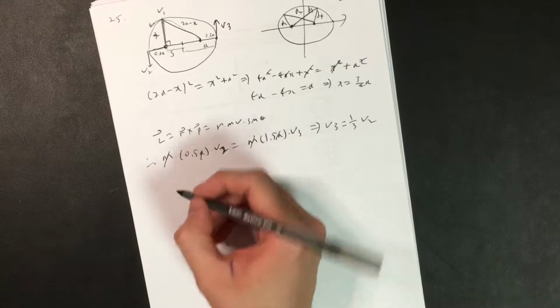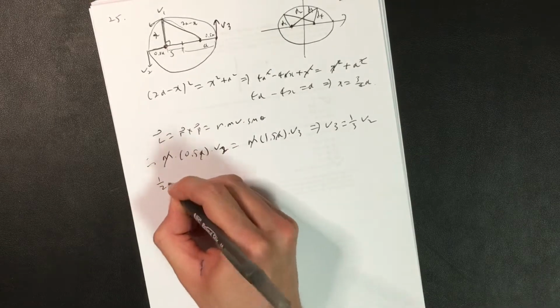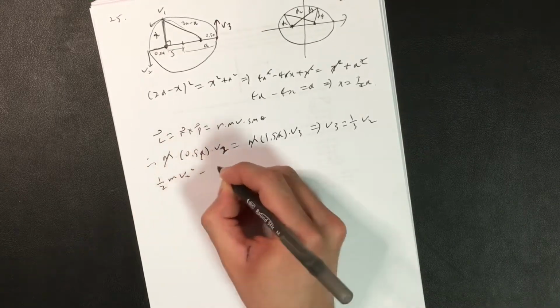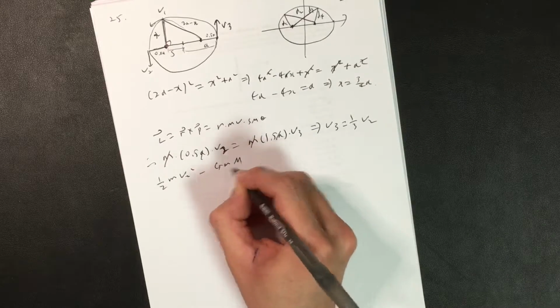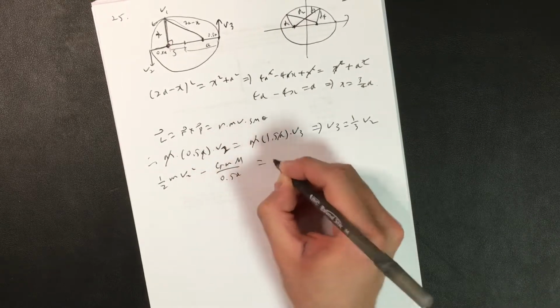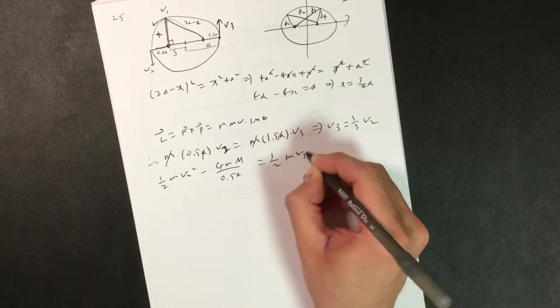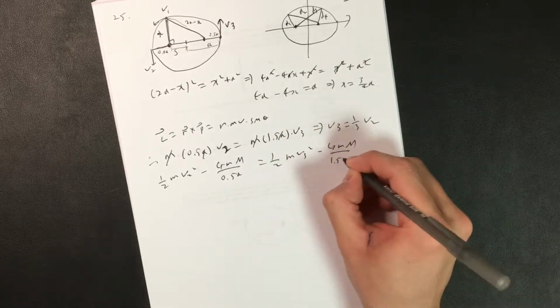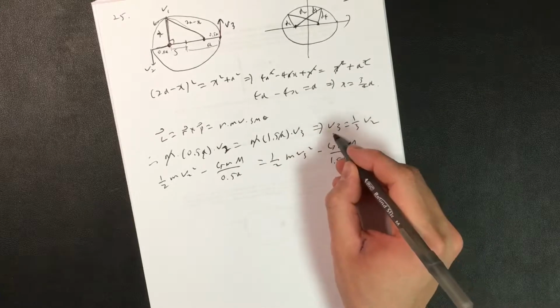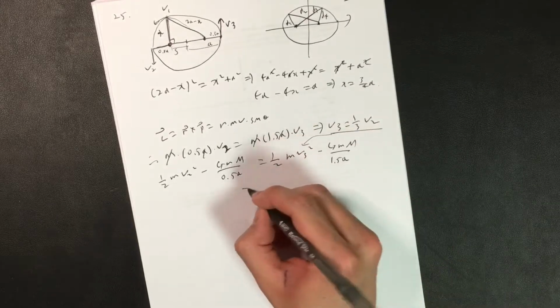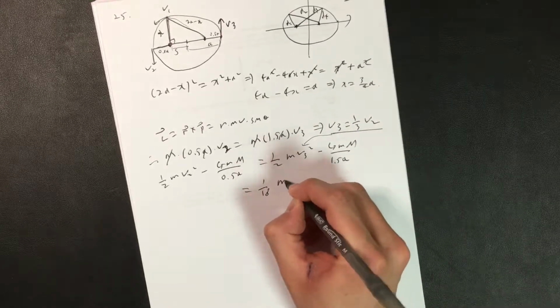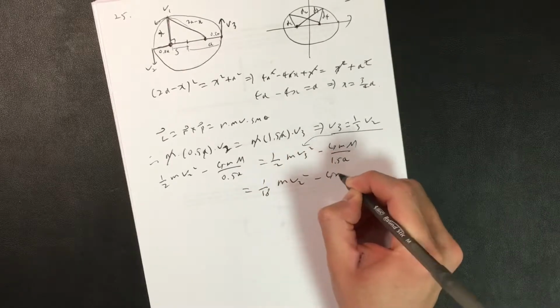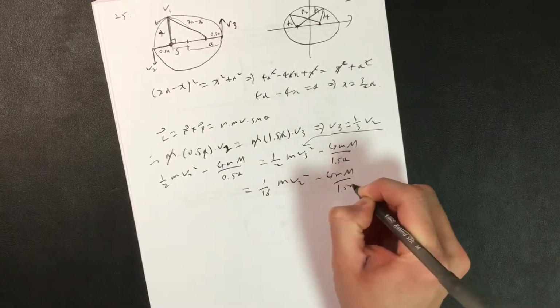Then, using the law of conservation of energy, I get 1/2 mv2 squared minus GM over 0.5a equals 1/2 mv3 squared minus GM over 1.5a. And plugging in the value of v3 into here, I get 1/18 mv2 squared minus GM over 1.5a.